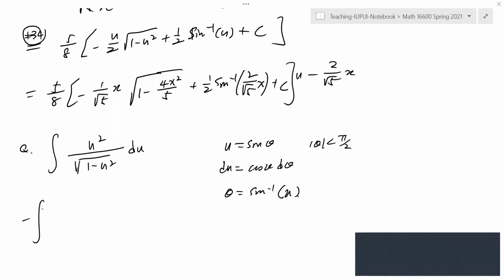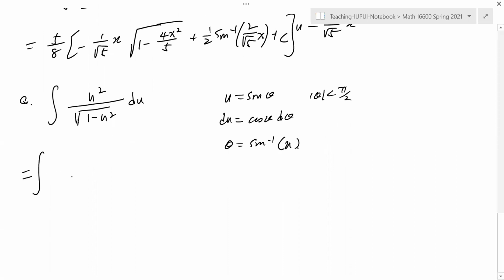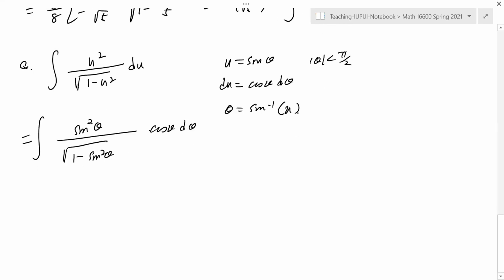Then you replace u by sine theta, and the denominator is the square root of 1 minus sine squared theta, and du equals cosine theta d theta. And you will see that these two will be canceled out. The reason is the denominator here is going to be cosine theta. So you just evaluate the integral of sine squared theta.